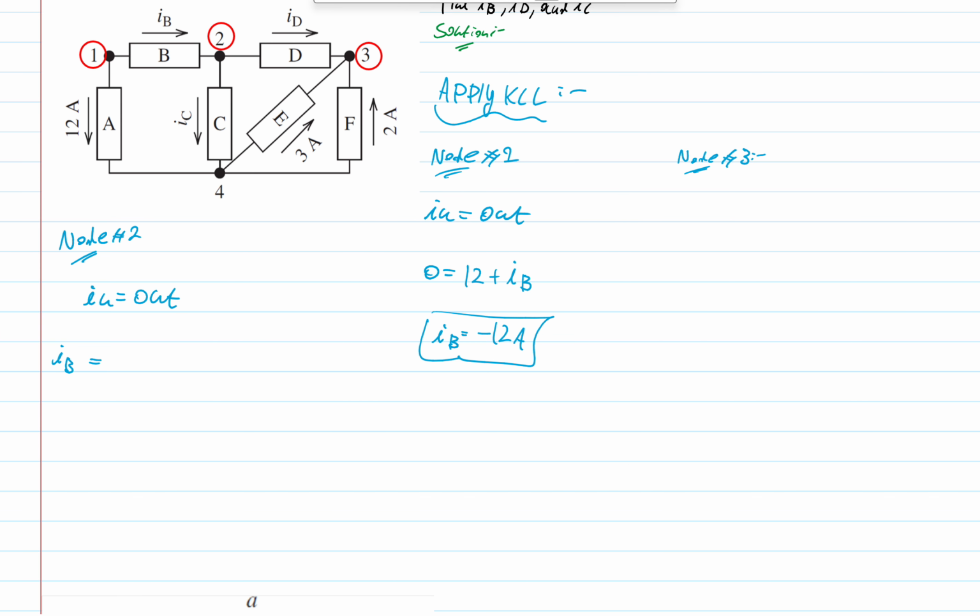What's going inside? 0.5. I node plus 3 is equal to I node. All right, we're applying KCL at this point.